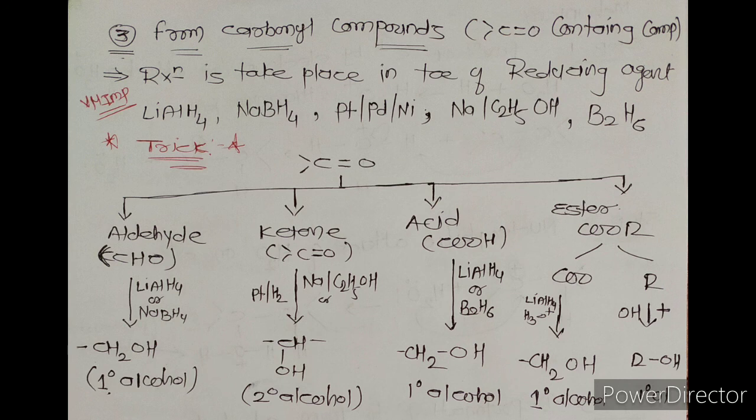And the last one is ester, COOR. Remember, ester is the only compound that forms two types of alcohol. In COOR there are two parts, COO and R. Instead of COO, write CH2OH, so it converts into a primary alcohol, and the remaining part R combines with OH, so we get ROH, which is also an alcohol.